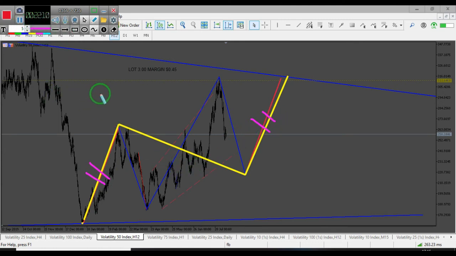So we'll be having something like an A, B, C. As you noted, guys, this leg will be completing our wave C of the bigger triangle, and here we'll be having our wave D, and here we'll be having our wave E.